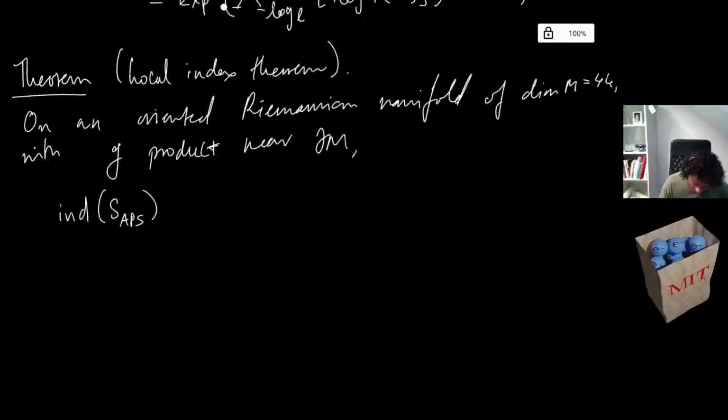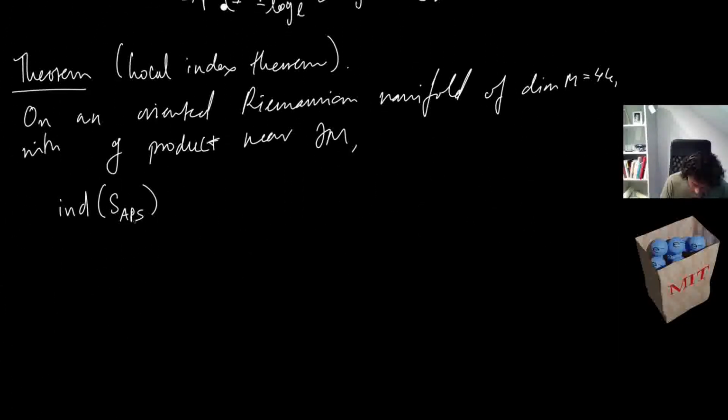So this APS is precisely now the boundary condition for S_APS in terms of the operator A, and this index is equal to the integral over M of L of omega.